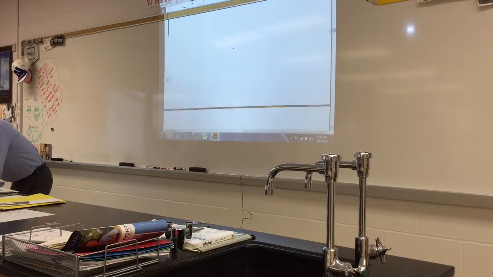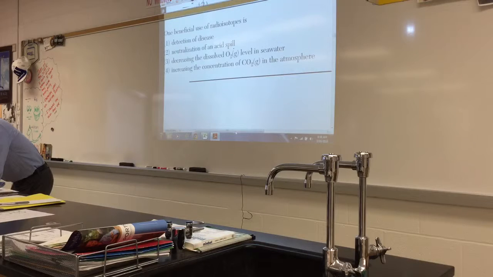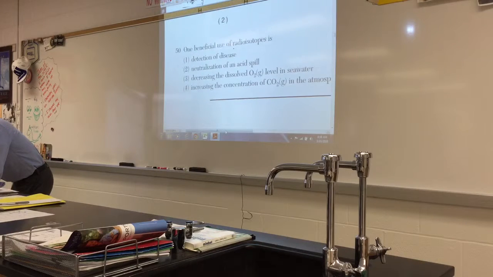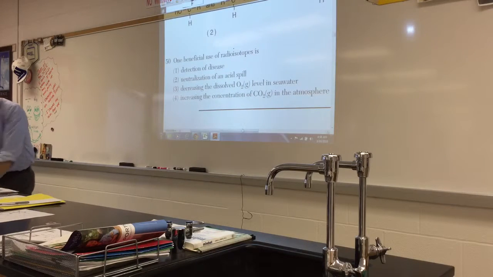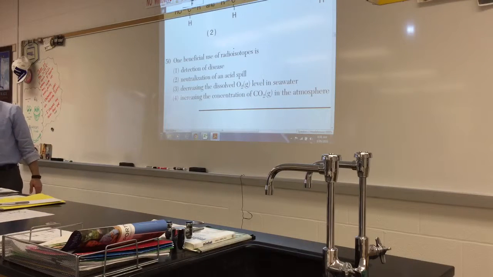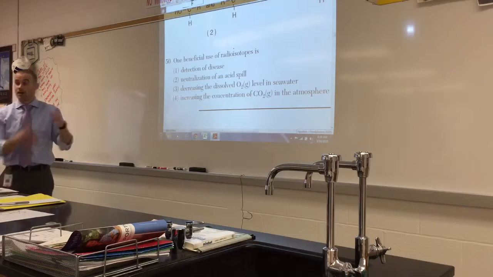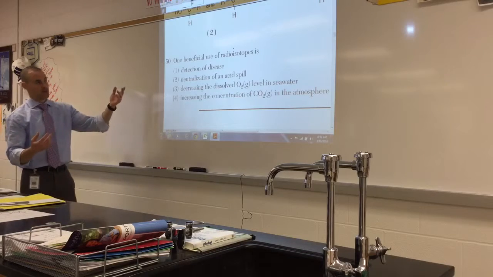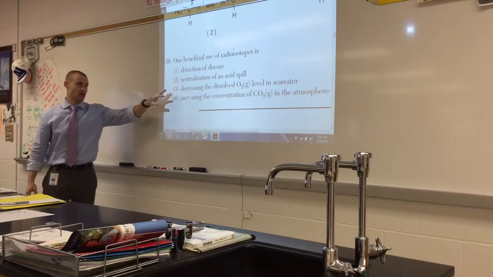Okay, next. Number 50, or no, yeah. One beneficial use of radioisotopes. This is a common question. It could be a short answer where you write your answer in, or a multiple choice, but this is a common question every year.